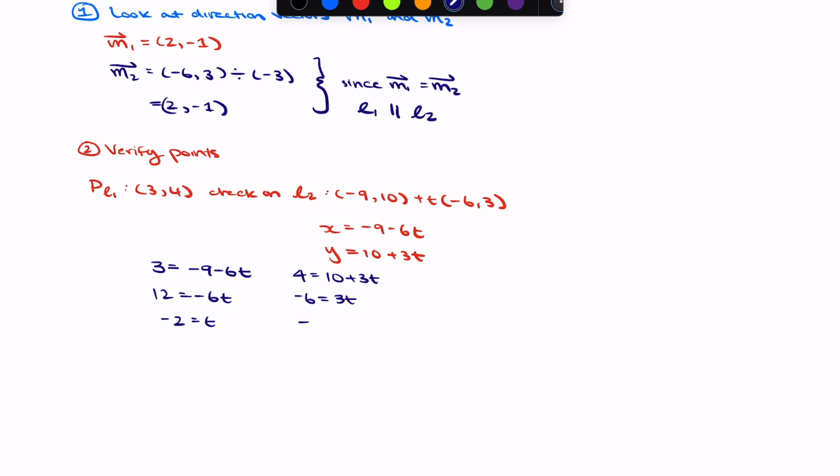And therefore, -2 is equal to t. And so here we see that point 1, which is 3, 4, lies on line 2.